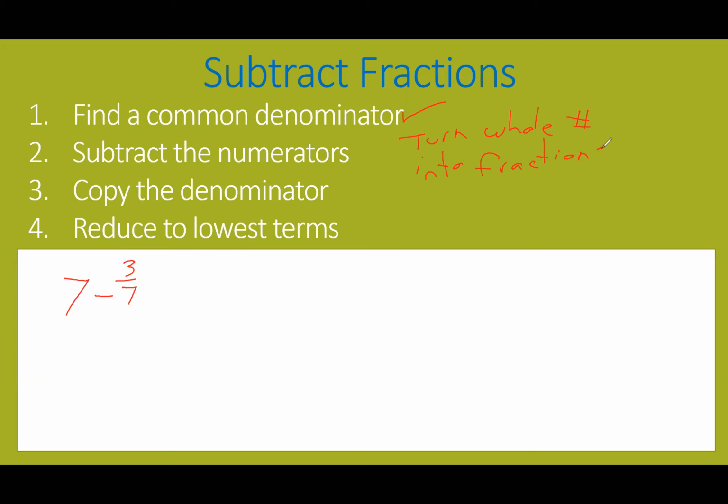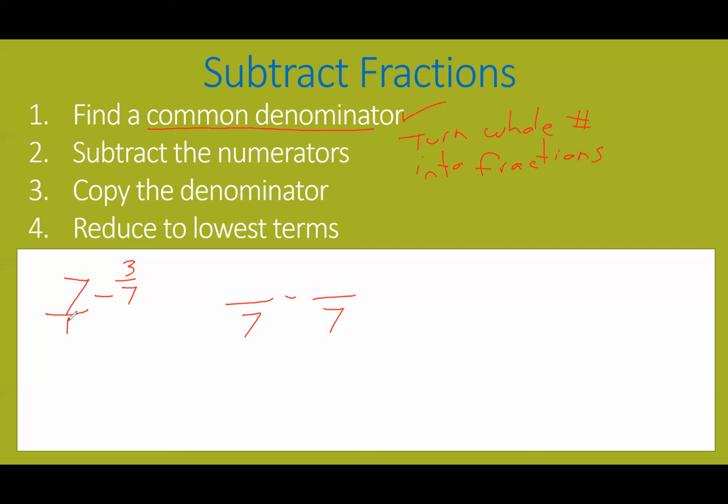Yes. I need to turn this whole number, there we go. Now it's a fraction. So now that I have two fractions, I can find that common denominator. And one simple way would be to multiply the denominators together. So my new fraction will be sevenths.